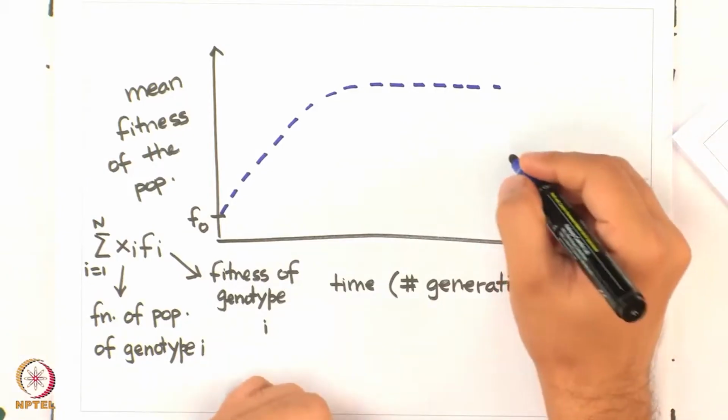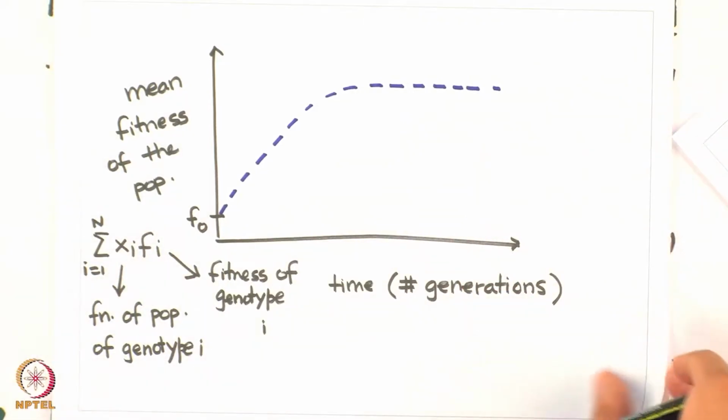Another way to think about this is in the context of fitness landscapes that we have discussed earlier in the course. So, remember, when we were defining fitness landscape, you have sequence spaces which are connected by edges and nodes. Nodes represent sequences, two sequences are connected if they differ only by a single nucleotide, and the third axis corresponds to the fitness associated with that particular genotype represented by a node.